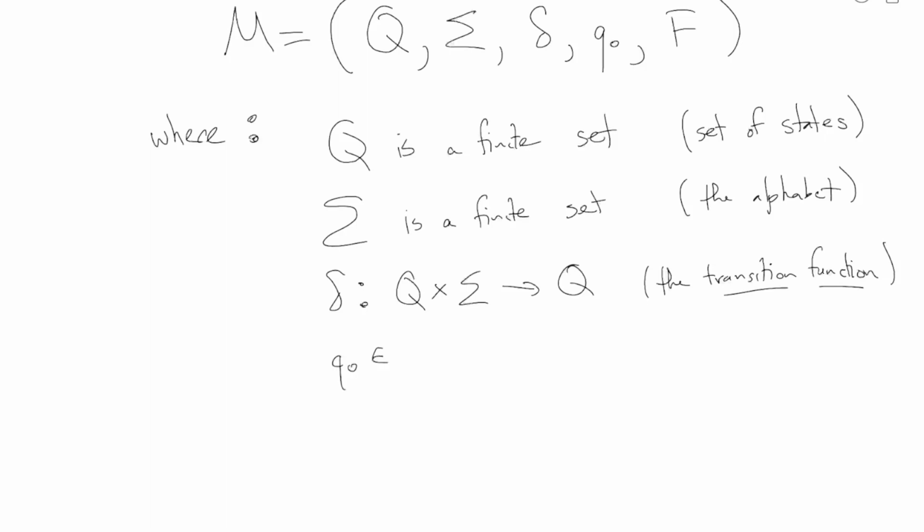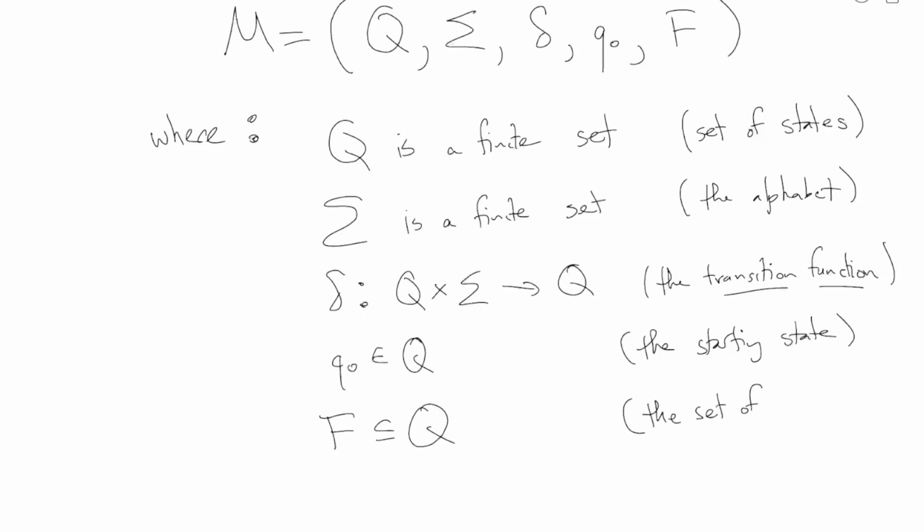Q0 is an element of Q, and this is the starting state. And then F is a subset of S, sorry, I don't mean S, I mean Q. There is no S, it's Q. This is the set of accepting states.